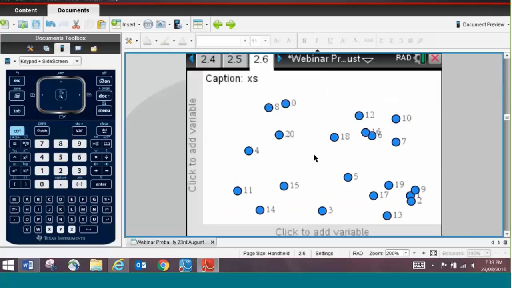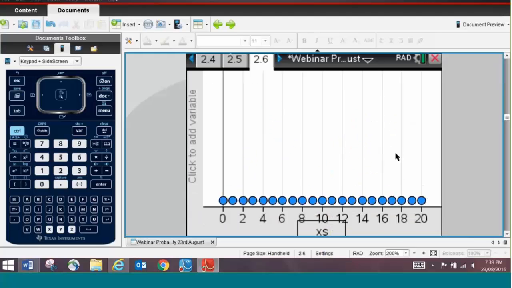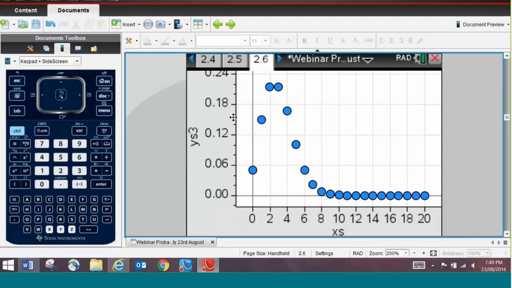Okay, skipping through that one. So the other place I can show this is actually on a data and statistics page. So if I put the x's here, naturally they were just the numbers 0 to 20, so that's a nice even spread. But I'll just go to the average rate being 3, and I can once again generate that Poisson PDF.